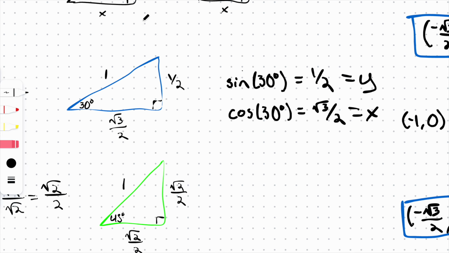So in my 30, 60, 90 degree triangles, the short side is going to have a value of 1/2 and the long side is going to be equal to root 3 over 2. Additionally, in my 45, 45 degree triangles, I know that both of my sides are equal to root 2 over 2. So I automatically know that.